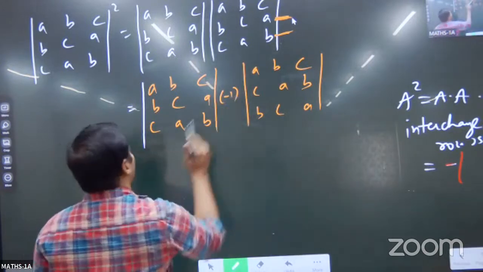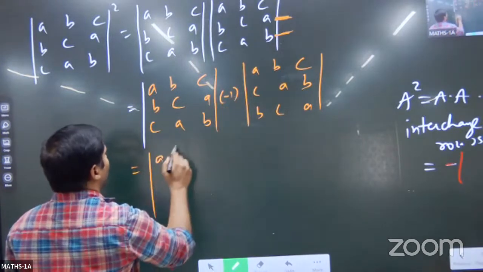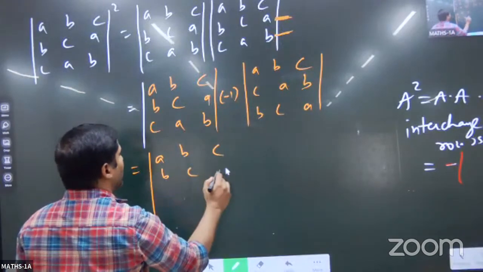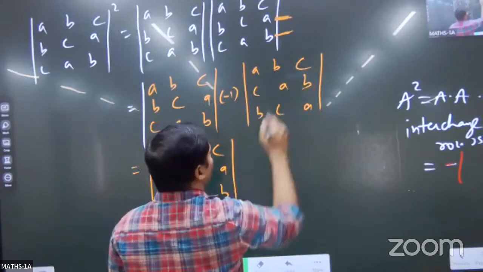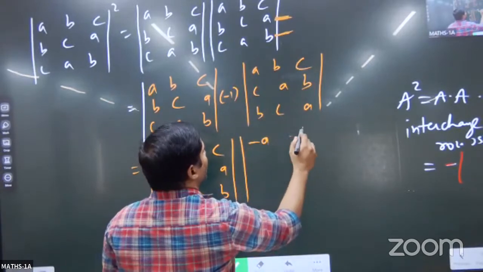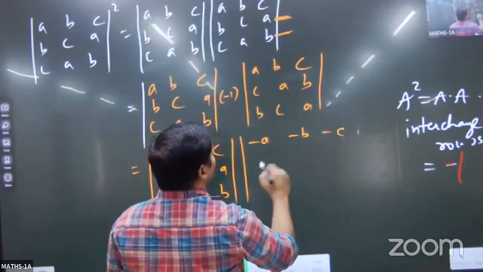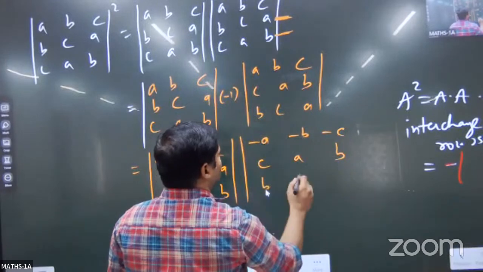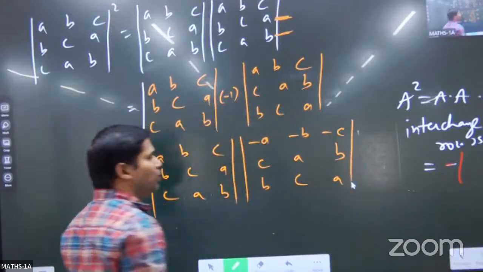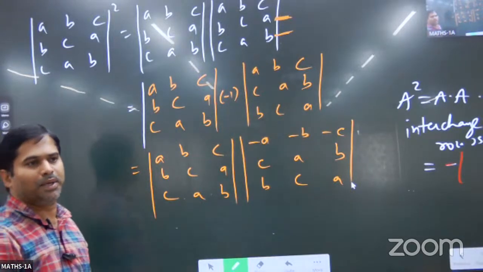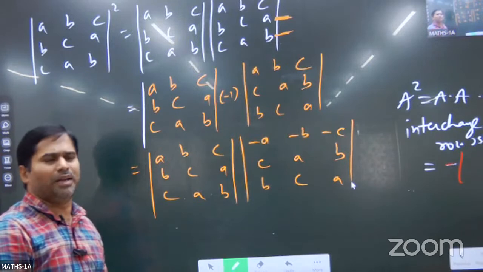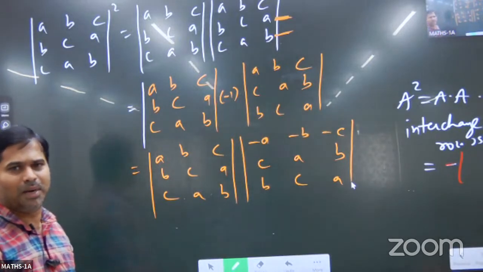Now that negative sign, for A, B, C, B, C, A, C, A, B, I am going to multiply to the first row: minus A, minus B, minus C, C, A, B, B, C, A. Here you are going to do matrix multiplication. Yes, determinant is there, but every determinant is nothing but a matrix only.